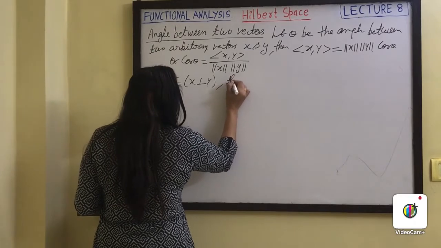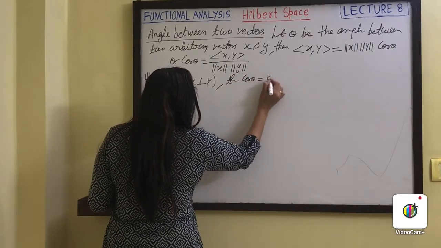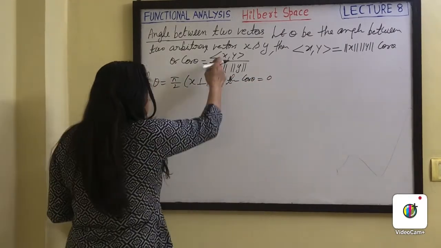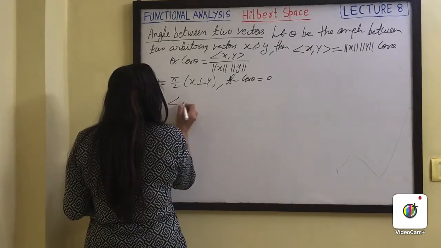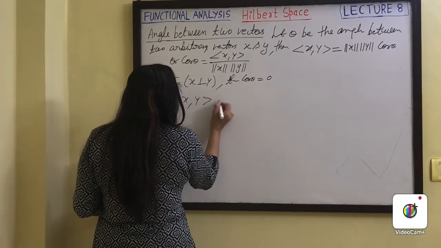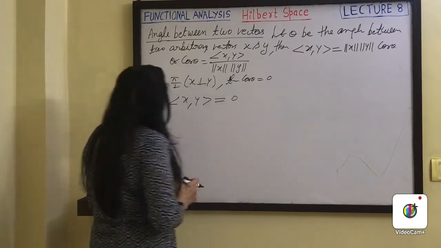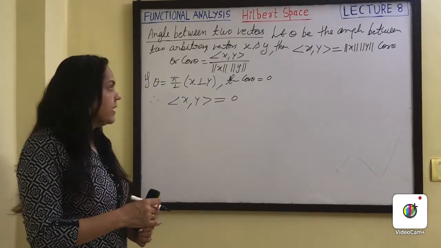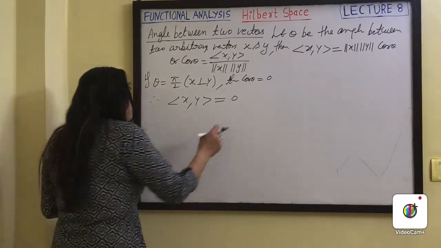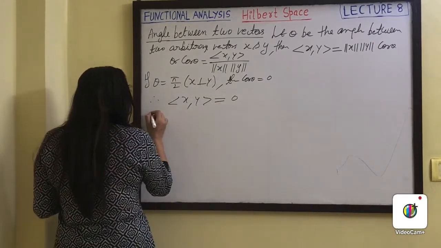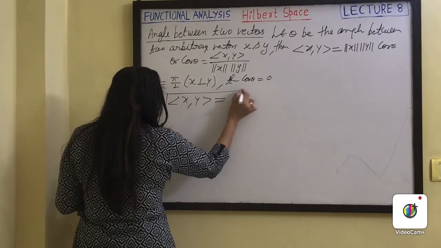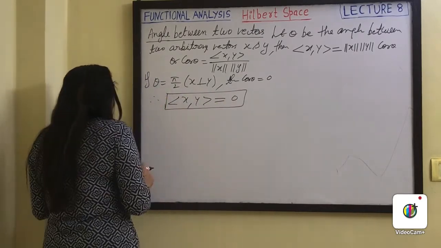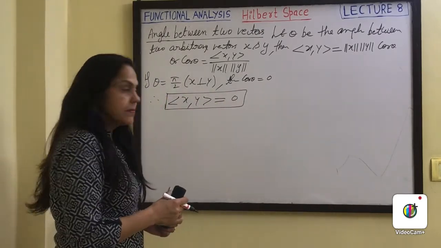Then obviously we have cos theta is equal to 0. So therefore the inner product of x comma y is equal to 0. So we can say this is the condition of perpendicularity. Now if this is the condition of perpendicularity, then we can find some results.